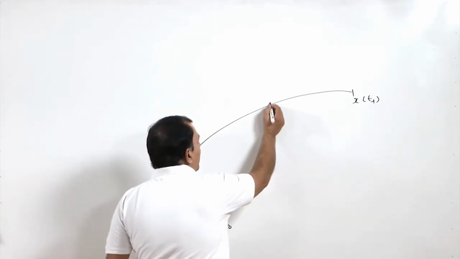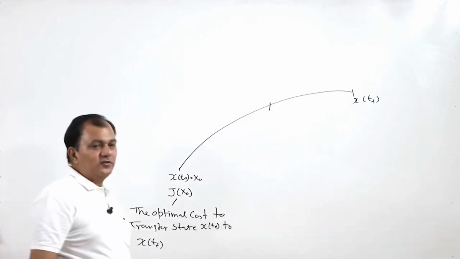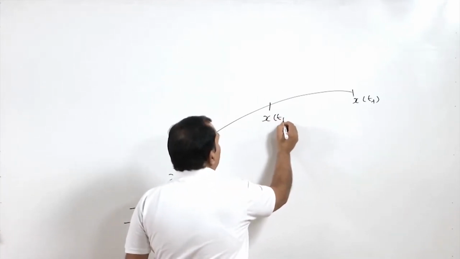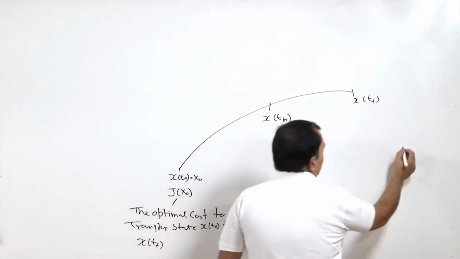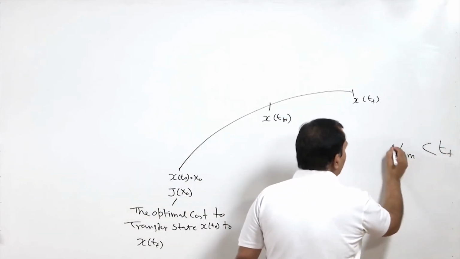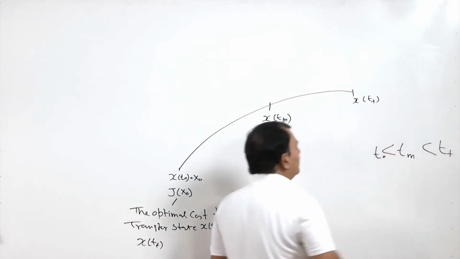Let me take a point in between this trajectory. Let us say this is x(tm), and this tm is less than tf and greater than t0.